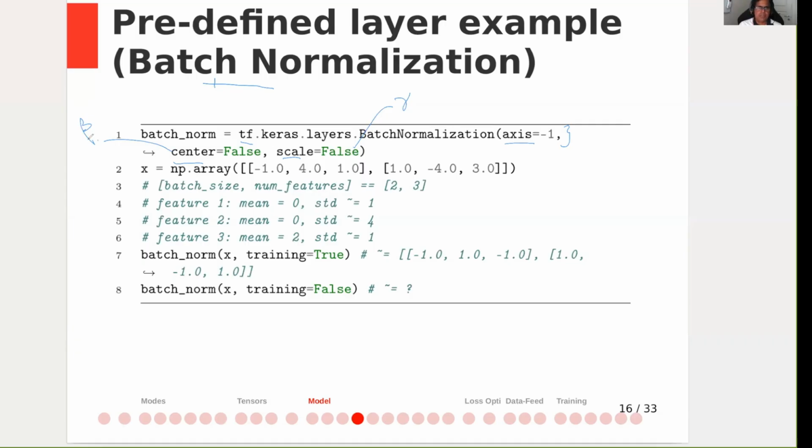So if center is true, you use a beta value and train a value for beta. If scale is false, then you do not use gamma, and vice versa. Also, there are many other arguments which you can use to customize the batch normalization layer according to your needs. So please refer to the reference page of TensorFlow for more information.